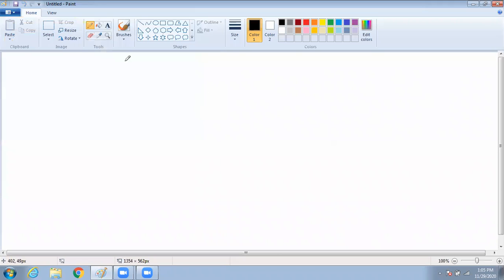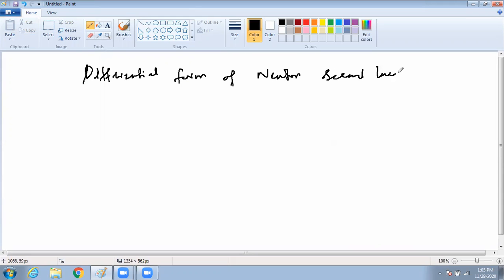Differential form of Newton's second law. Till now we have seen the first law, which applies when mass is constant, but this is applicable when mass is variable.